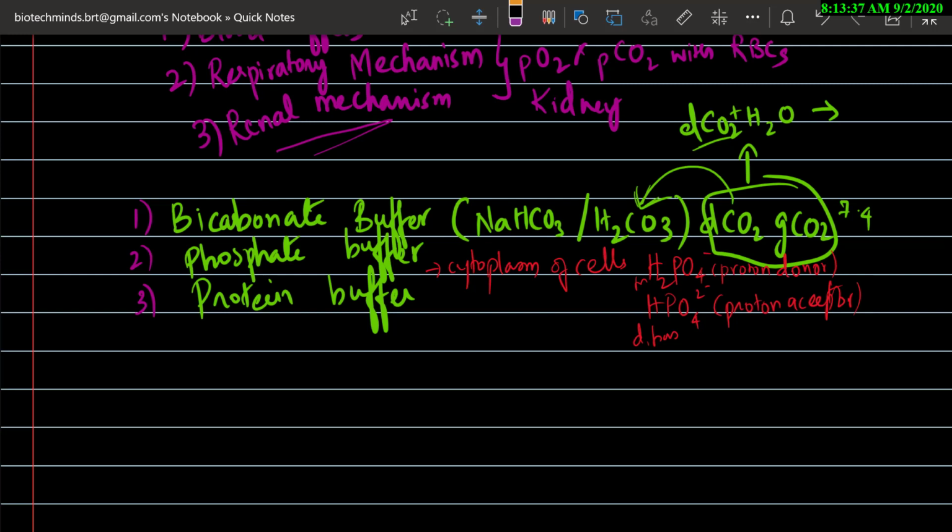Okay. So regarding the effective buffering action, the pKa value of phosphate buffer is 6.86. In case of bicarbonate buffer, I forgot to tell you what the effective range is. It will be around 7 only. That is the blood pH range.